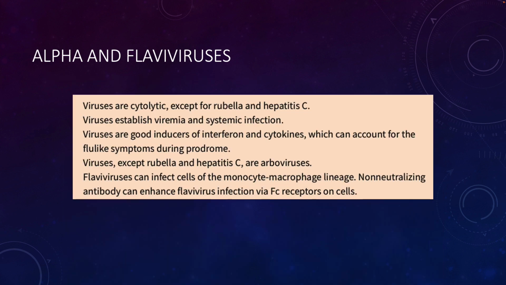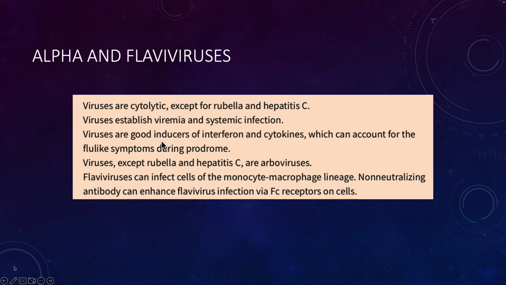What makes these particular viruses a little bit more dangerous is that they are cytolytic, with 2 exceptions, rubella and hepatitis C. Rubella is the alpha virus I told you about that we're going to talk about later. Hepatitis C we will also talk about later, but it is not transmitted by mosquitoes. They will establish viremia and systemic infection.